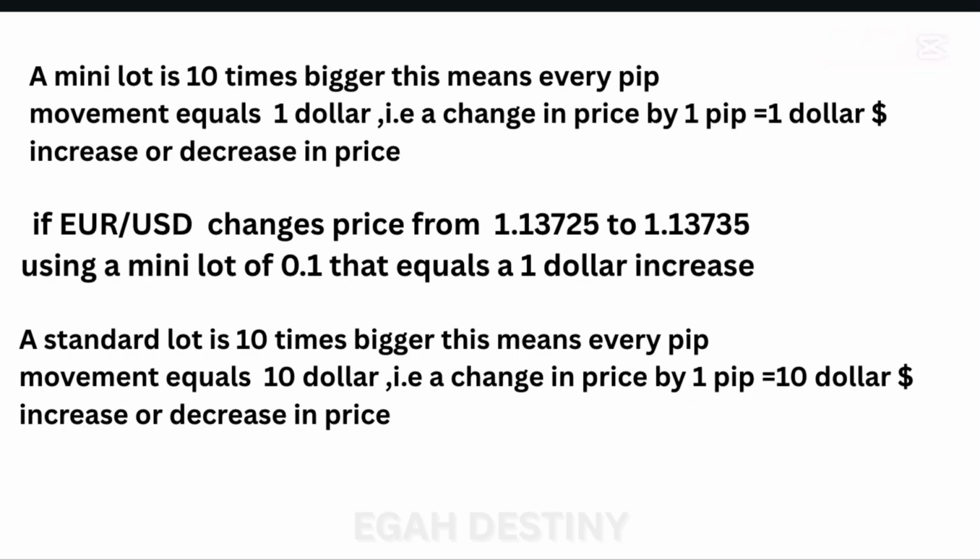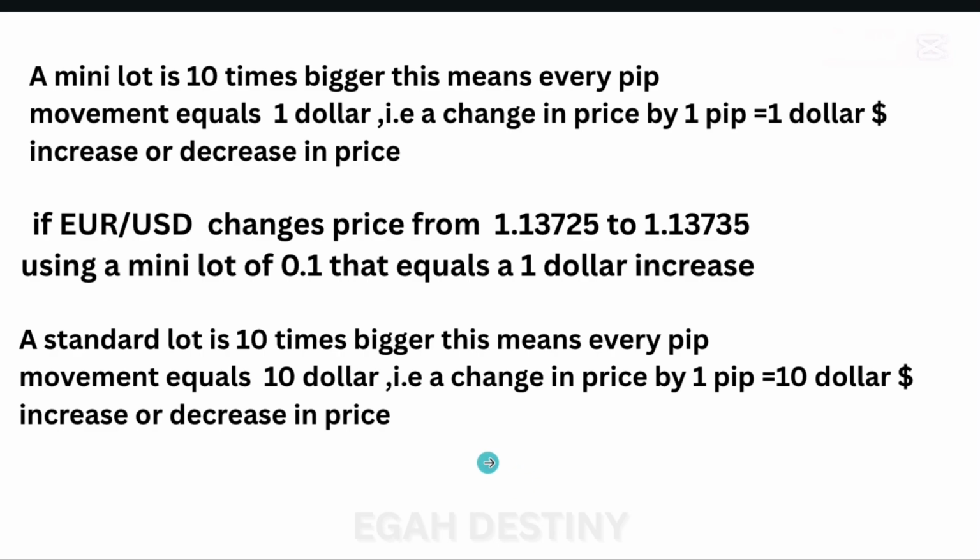A mini lot is 10 times bigger. This means every pip movement equals $1. That means a change in price by 1 pip is equal to a $1 increase or decrease.